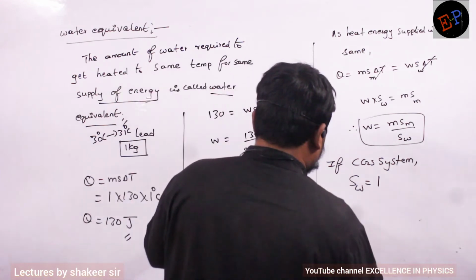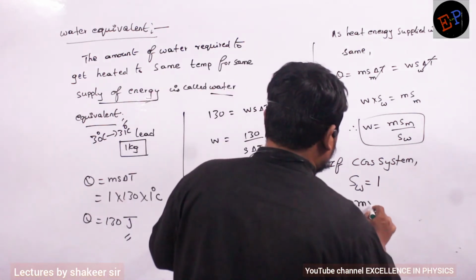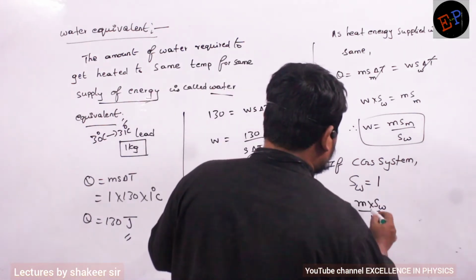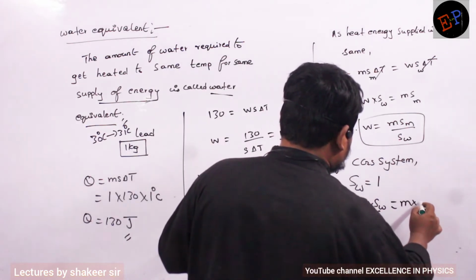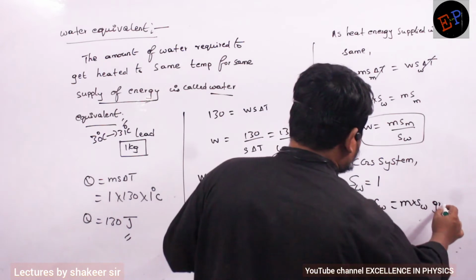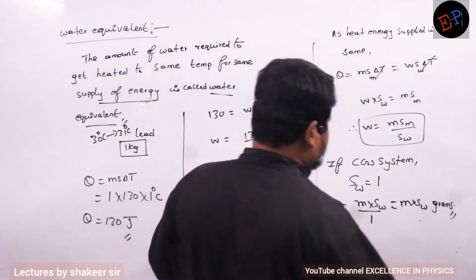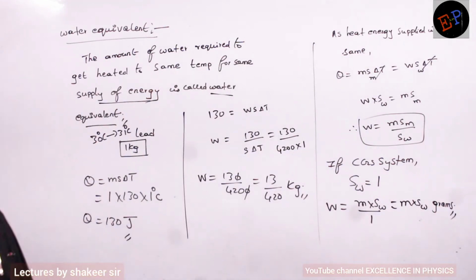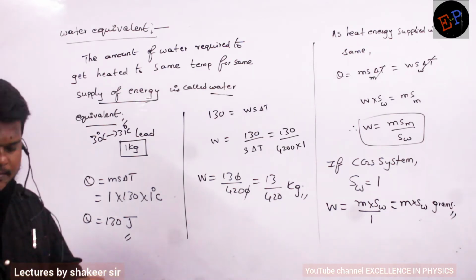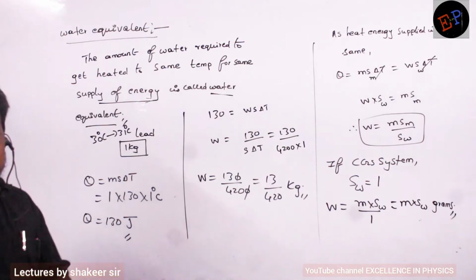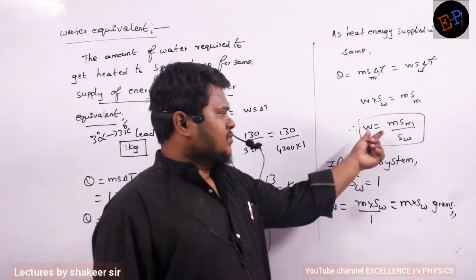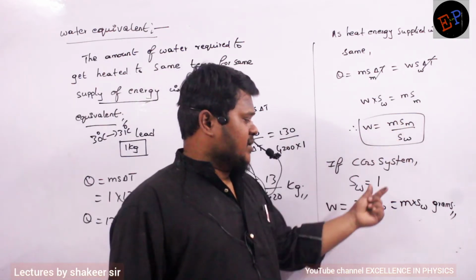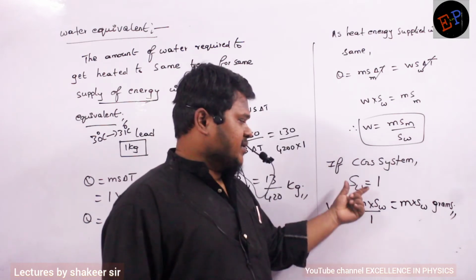So water equivalent W is how much? M into S M divided by 1. So it is M into S M grams. This much amount of water if I take, that is enough. Did you understand what is meant by water equivalent? S means specific heat, no?